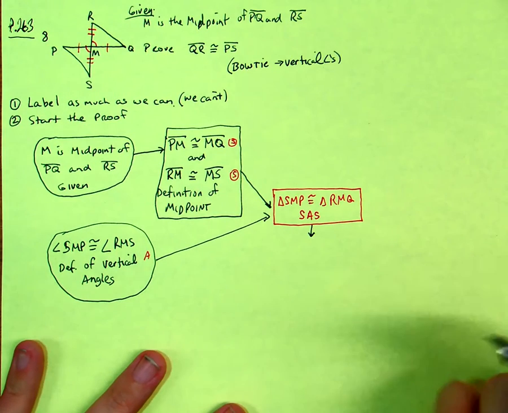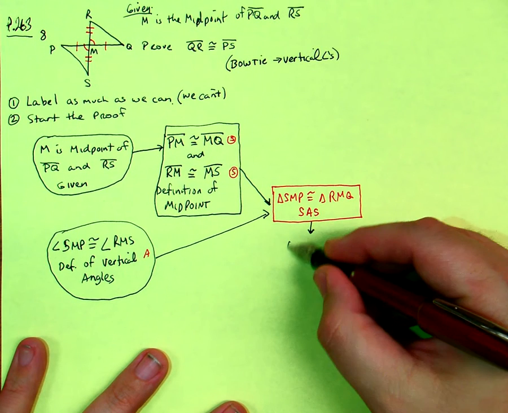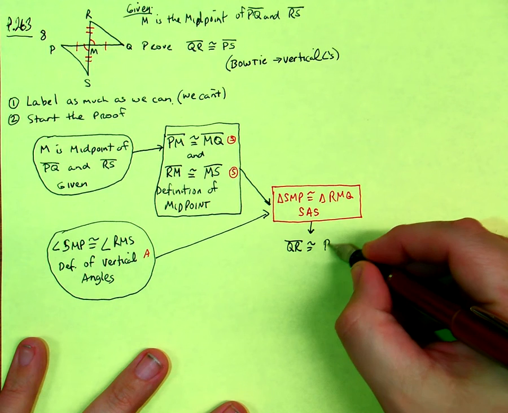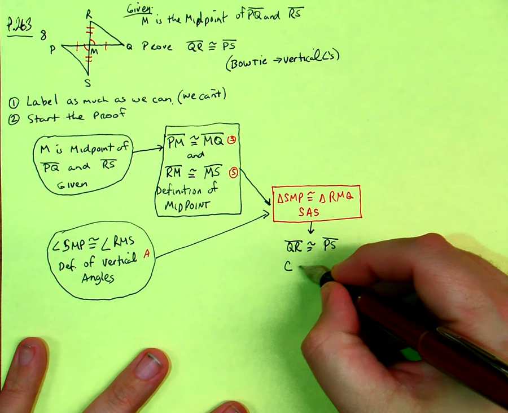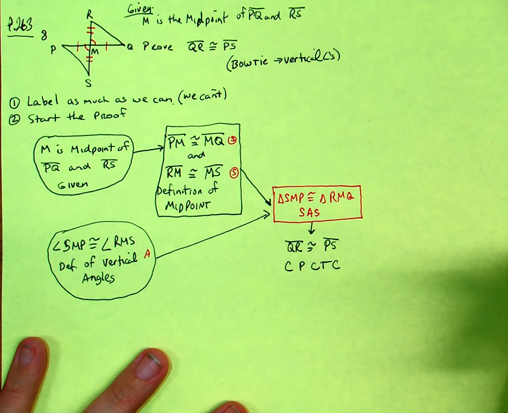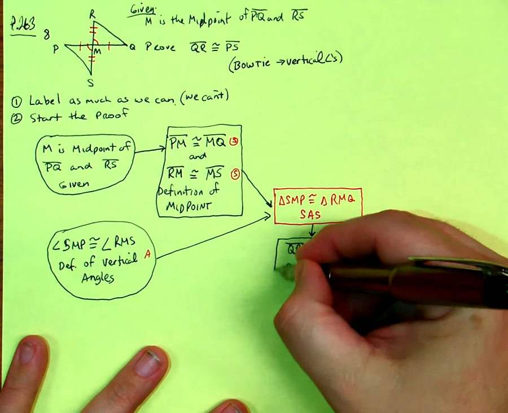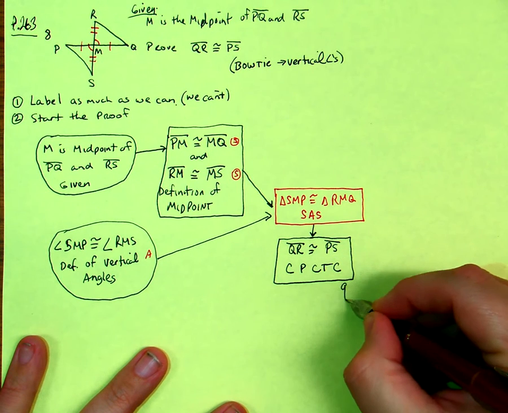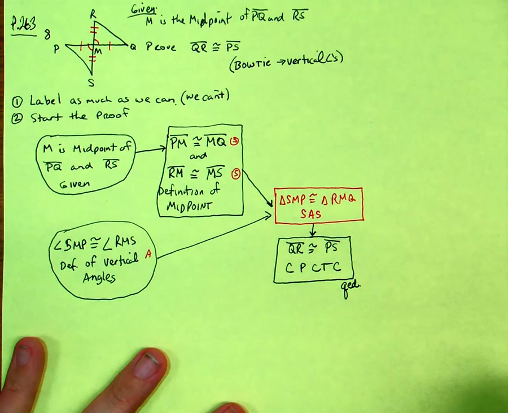So I can say that QR is congruent to PS using corresponding parts of congruent triangles are congruent. The CPCTC. And we're done with the proof at that point.